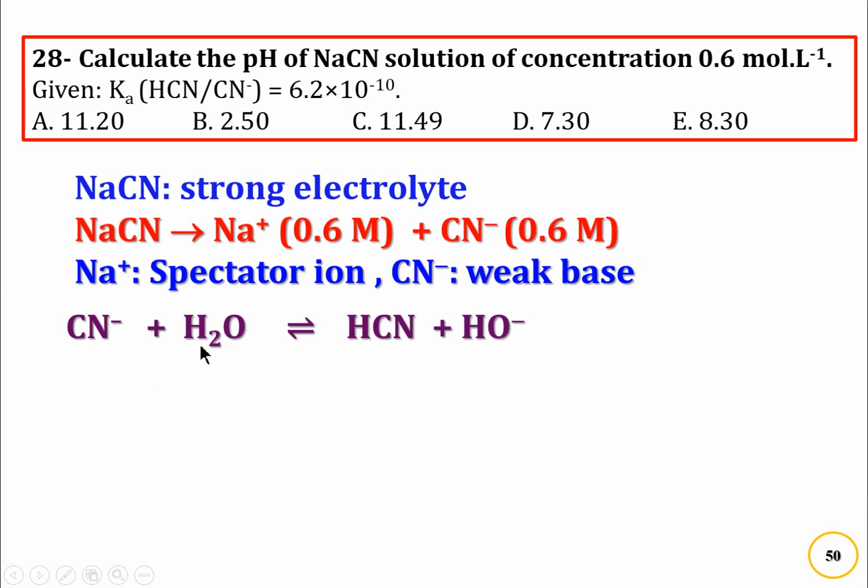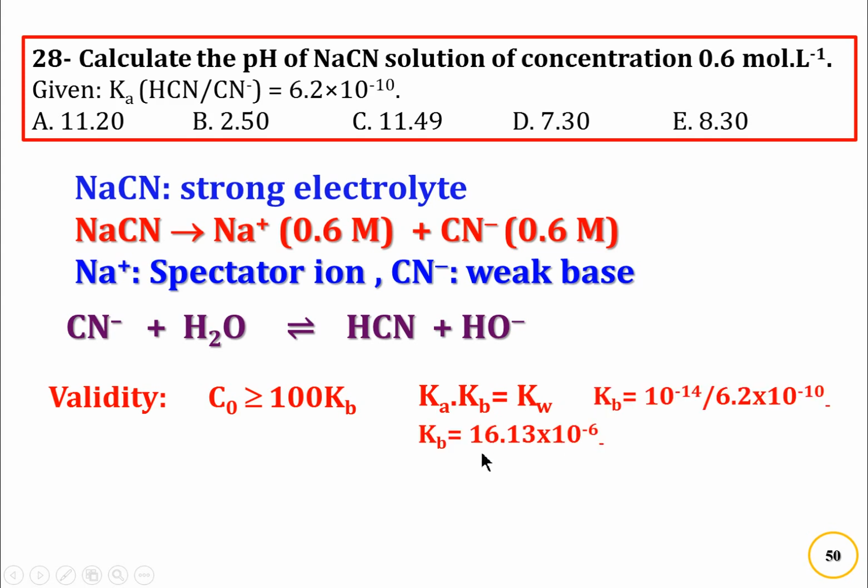So we return to the formulas of the weak base and we compare the initial concentration with respect to Kb. C0 greater or equal 100 Kb, this is valid, and Kb is deduced from Ka times Kb equal Kw, and Kb is equal 16.13 10^-6.